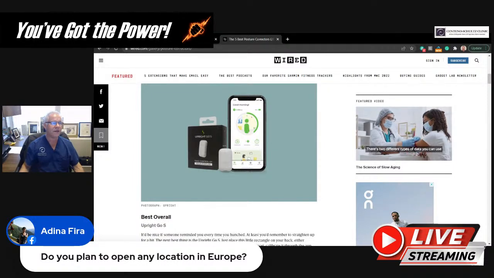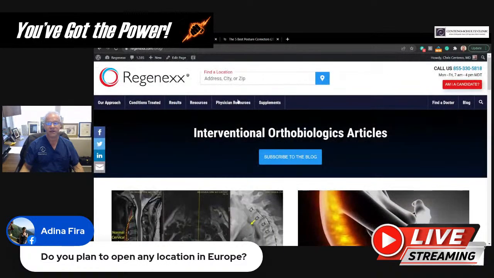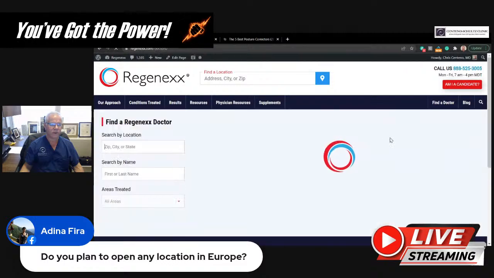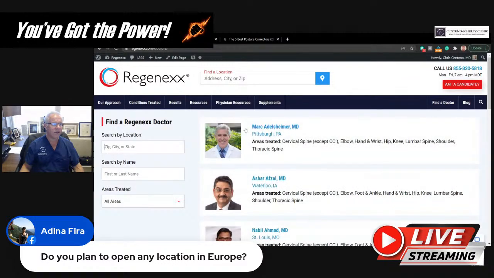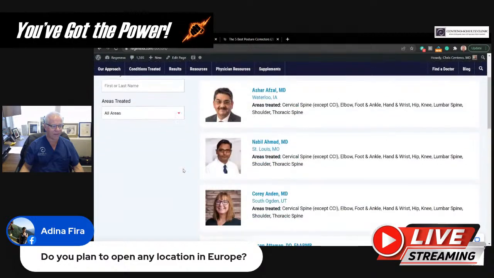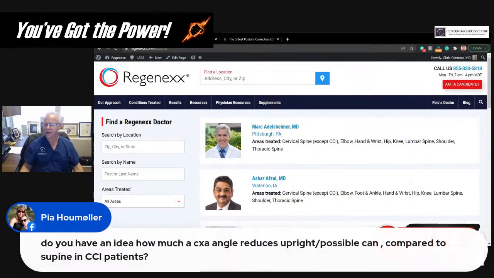So if you go on the Regenexx website and go to the find a doctor here, you can type in where you are and then find a clinic. There's also a map that we used to have, but I'm not seeing the map right now.